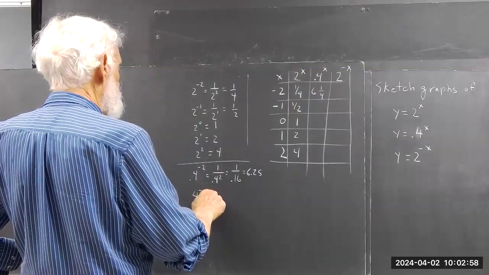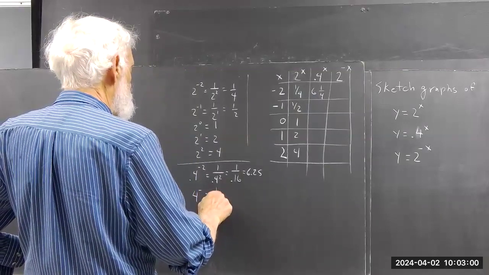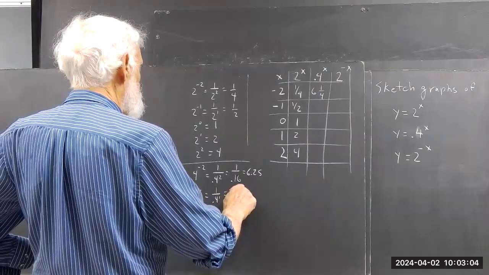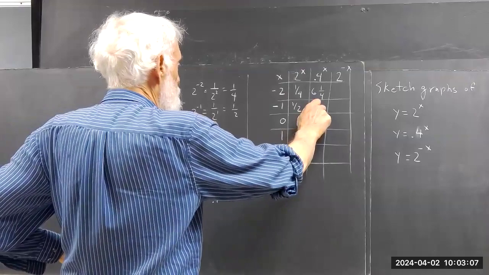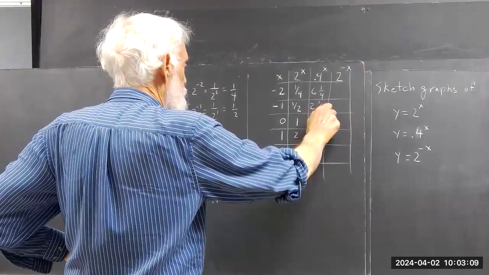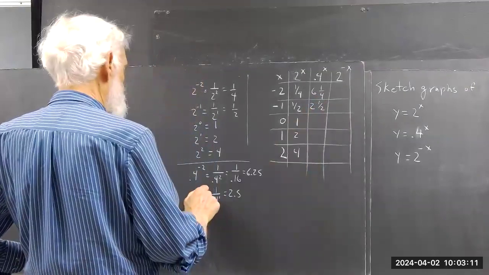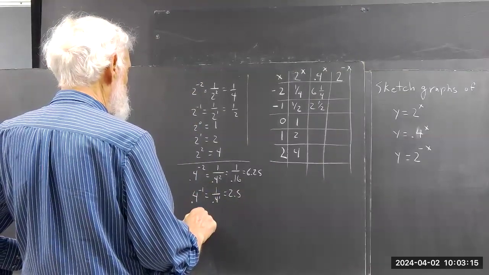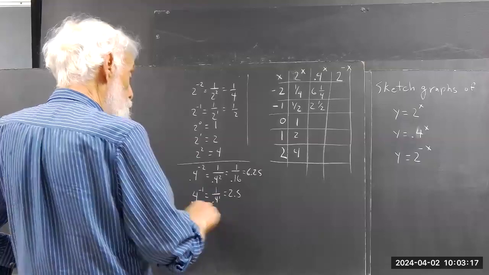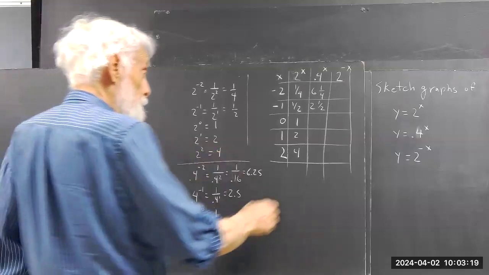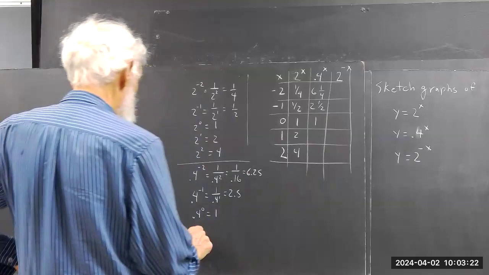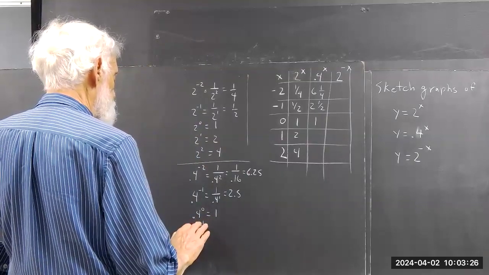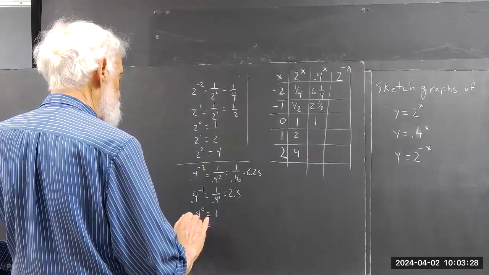0.4 to the negative 1 equals 1 over 0.4 to the 1, which is 2.5. 0.4 to the 0 is 1, because any number to the 0 power is 1. 0.4 to the 1 is just 0.4.